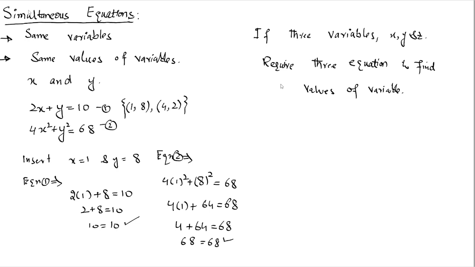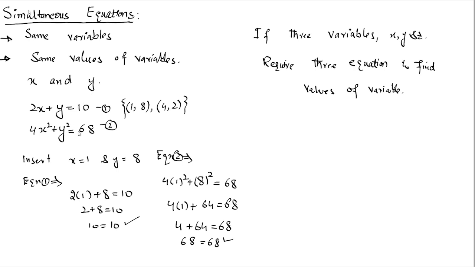So simultaneous equations are those equations which are constructed using the same variables and are satisfied by the same values of those variables. For the solution of simultaneous equations, if we have two variables, then we require two equations to find the values of x and y.